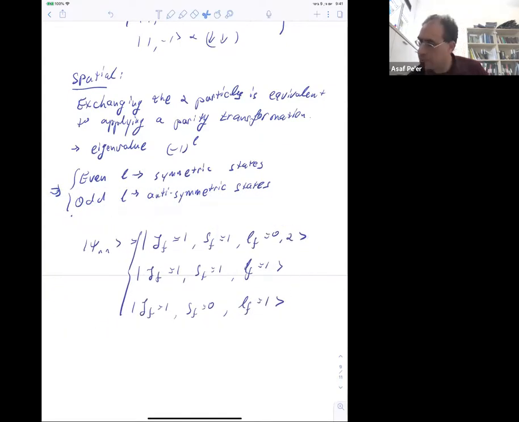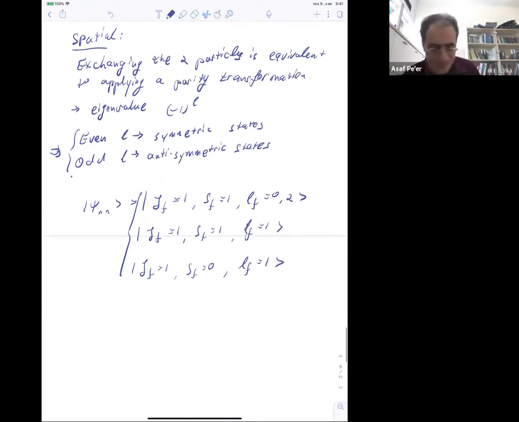The first one, SF is equal to 1, which is symmetric, and LF is 0 or 2, which is also symmetric.